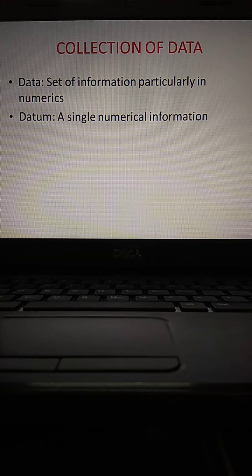As you all know very well, the entire effort we are putting here to understand business research methods is nothing but to analyze the data. Understand? So what is the advantage after analyzing the data? You are going to take various decisions.